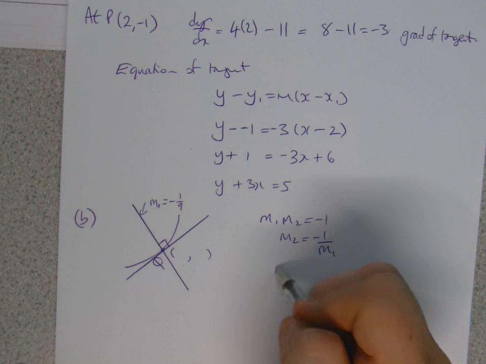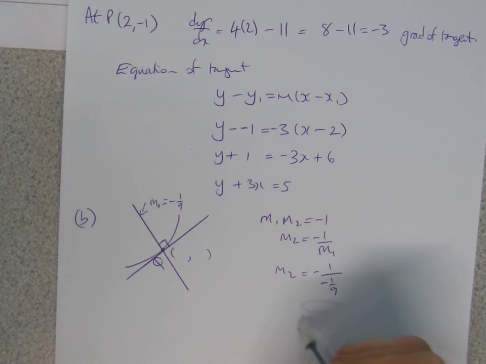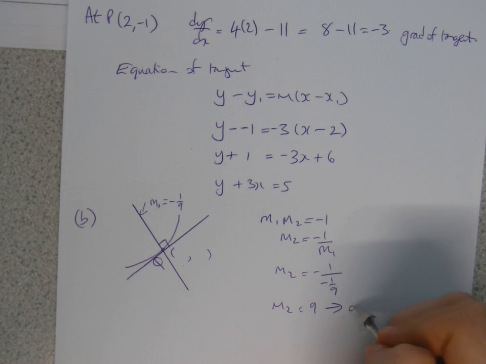So m2 equals minus 1 over minus 1/9. Two minuses when you divide make a plus, and you've got a 9th on the bottom, so flip it, 9 goes up, so you get 9. That is the gradient of the tangent.